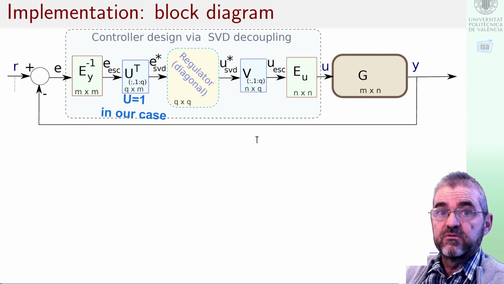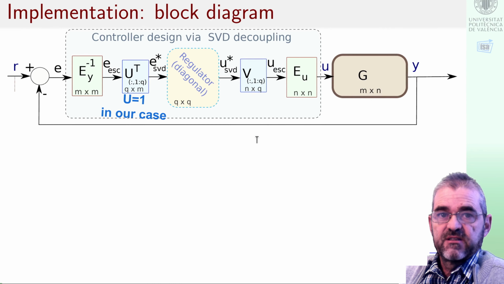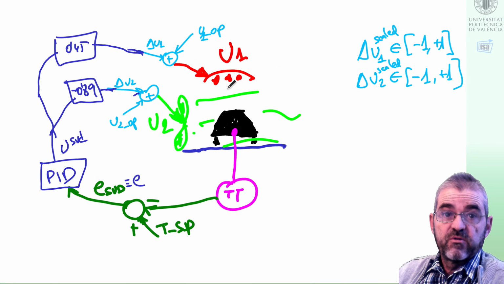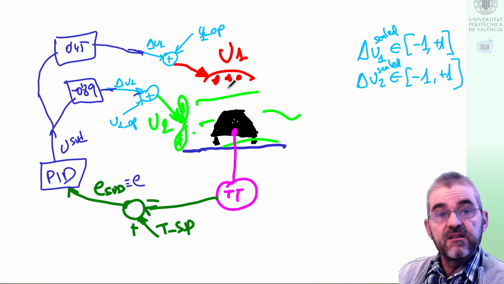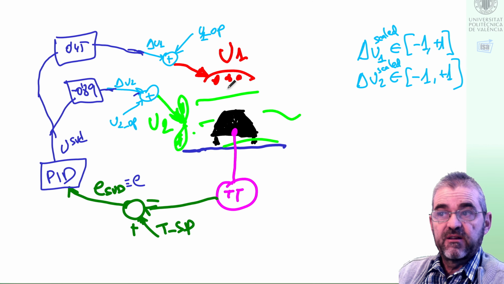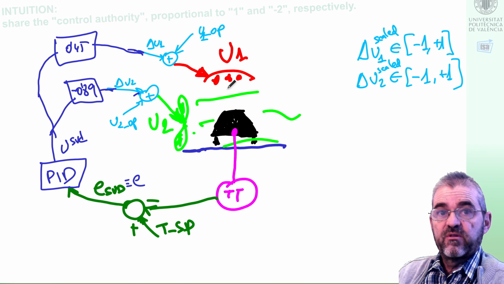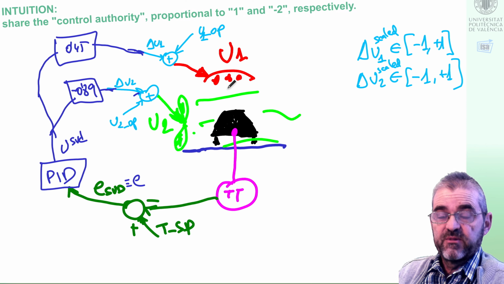Well, I did not put scaling matrices because changing units, multiplying by 5 or whatever, is trivial. So this would be the interpretation of SVD decoupling in this very simple case we have used to try to give some intuition to the meaning of that input principal maneuver.